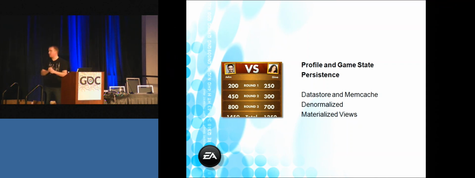Okay, let's take the profile, for example. Well, profile is pretty simple. Okay, you have as much read operation and write operations. There's nothing special about it. But the game state is different. In some of our games, the game state has a lot of read operations and very few write operations. The reason is pretty simple.